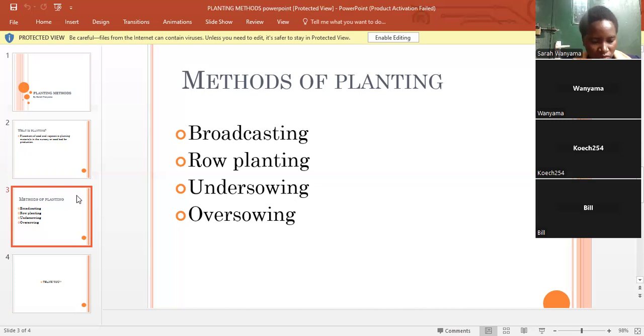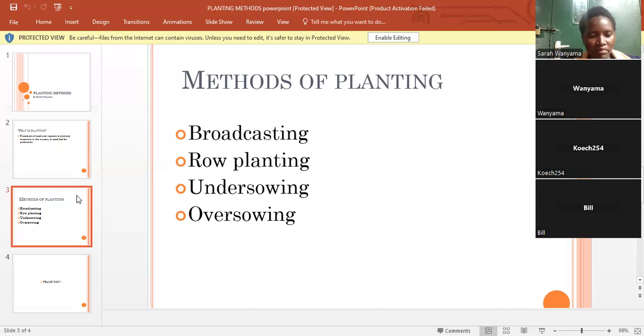And then we have oversowing, which refers to the practice of planting a legume crop, a high-quality crop or additional pasture species into an already established pasture field or grass pasture. This technique is used mostly with new plant varieties and helps to improve the quality and productivity of the existing pasture.